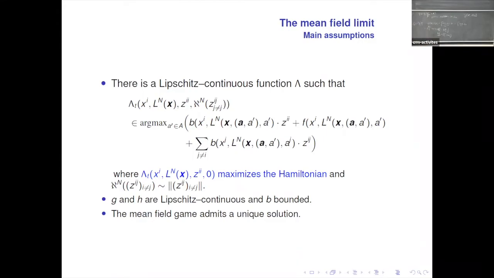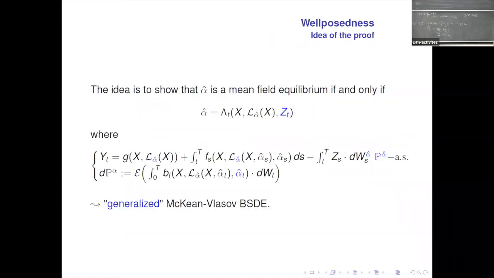You can really write it down in terms of the derivative with respect to the measure of B and F. We don't do it here, but if you can split B and F, you can compute Aleph explicitly. Apart from that, we want G and H, so the Hamiltonian of the true limiting system, to be Lipschitz continuous and bounded, and you want the mean-field game to have a unique solution, or equivalently, we want the system here to be solved.